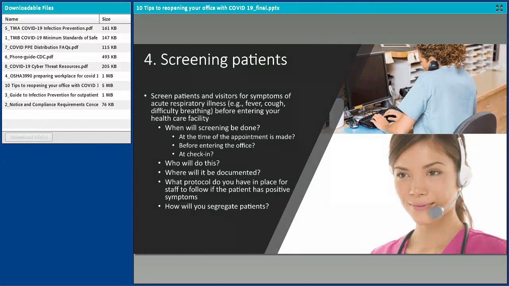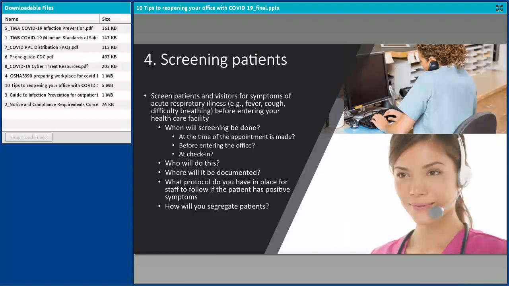Tip number 4 is you need to screen your patients and visitors for symptoms of acute respiratory illness. Obviously, when patients call for appointments, you're going to be screening them.